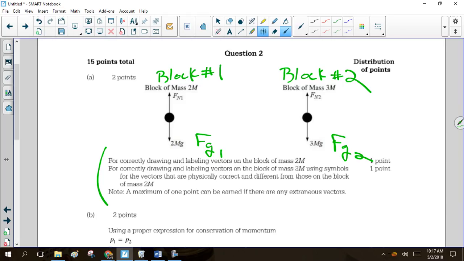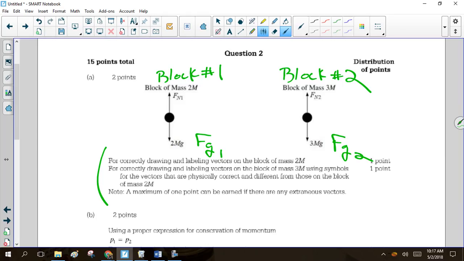All right. So B wants you to find an expression for the speed of the blocks immediately after the collision. What physics concept should we be thinking about there? Conservation of momentum. Anytime you see a collision, automatically you should think, oh, momentum's going to be conserved. Always. Clear?